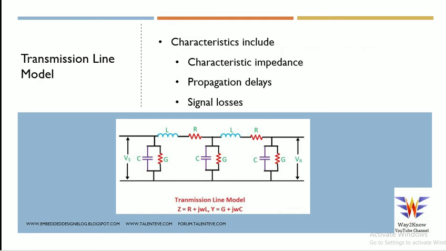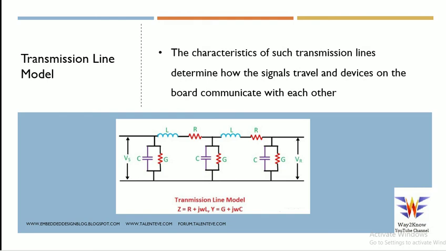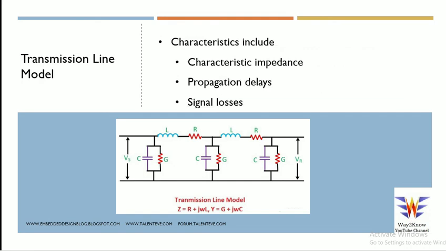And then if we just go back, we were saying the characteristics of the transmission line determine the signal properties, right? So what are those characteristics of this transmission line? The main characteristic of this transmission line is the characteristic impedance. That means it is basically the combination of all the impedances that are associated with it. This is called Z0, which is a standard parameter provided as a characteristic of the PCB. So when we do a PCB layout or do any simulation, this characteristic impedance is very important.